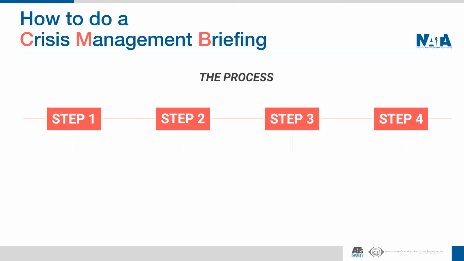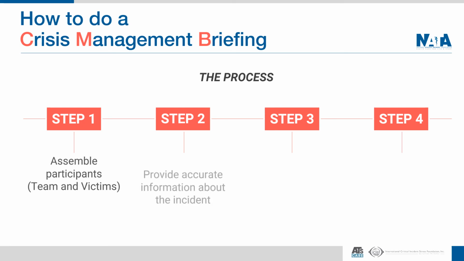So how do you do one of these? Well, first, you assemble the individuals who are going to be receiving the information at the CMB. Could be the team, could be victims, could be the press, whomever. Then you provide accurate information about the incident without providing speculation, without providing unnecessary detail.